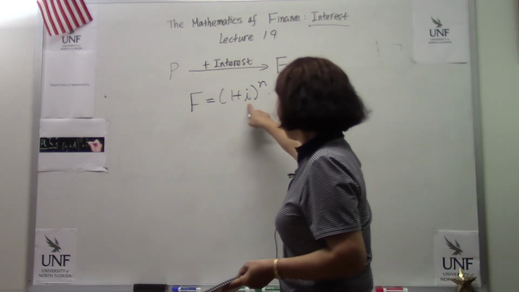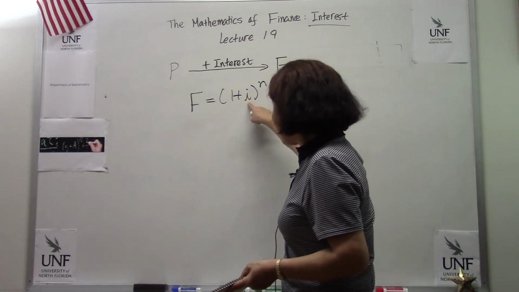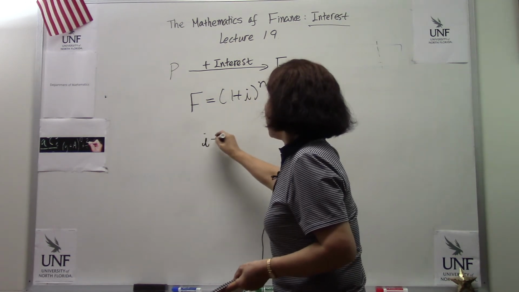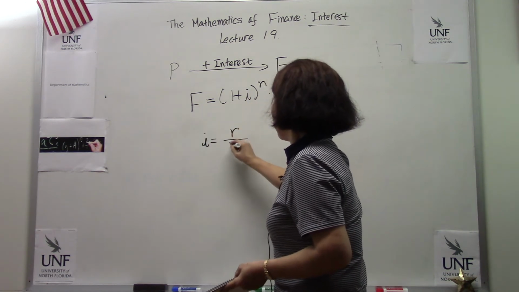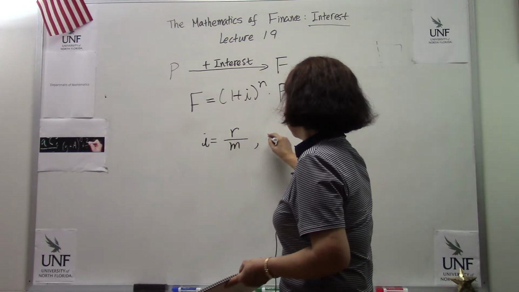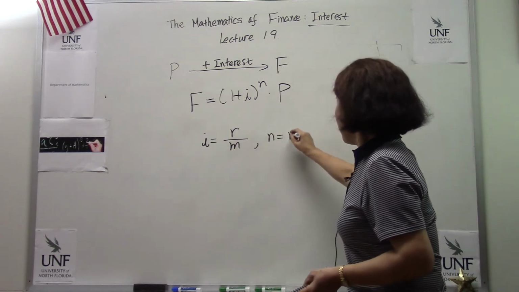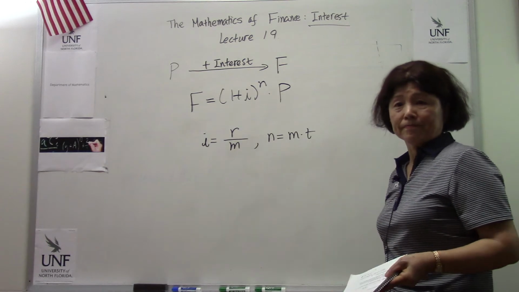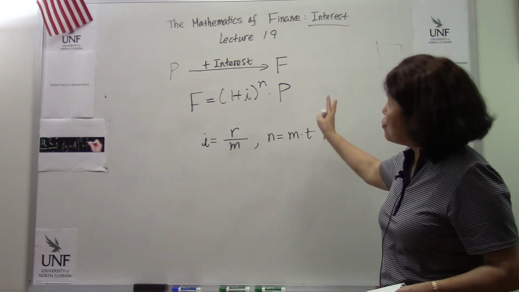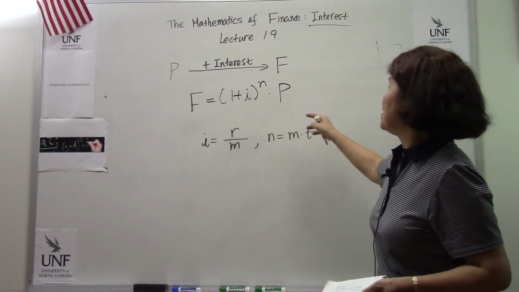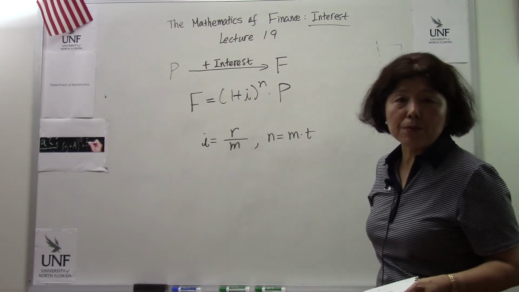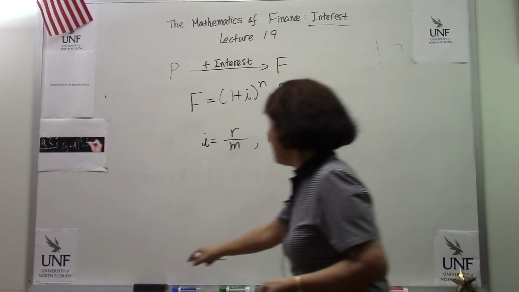Okay, so this is a formula. So what is little I? We did earlier, little I is little r divided by m. What is a little n? N is m times t. So as you read, you need to break down everything before you put it in the formula, okay?